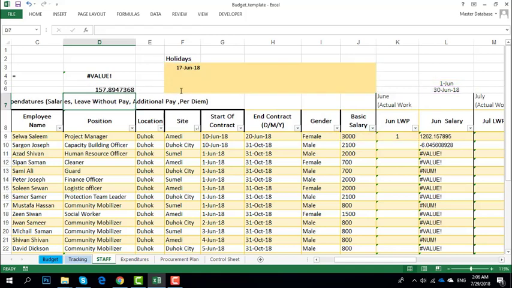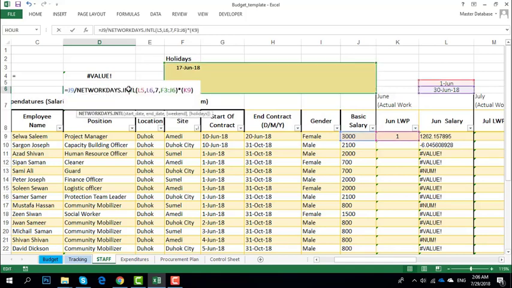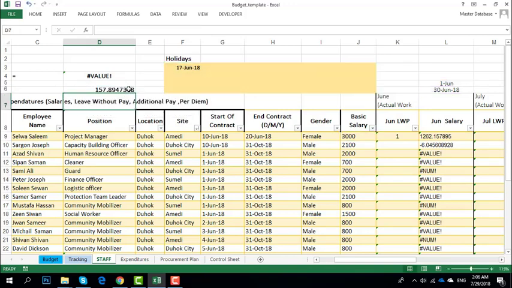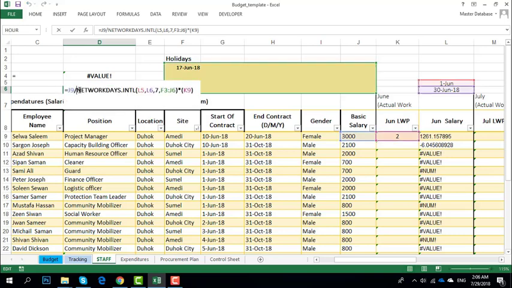Nice. Let's say that the leave without pay is 2 days. Now we have 300. Great. Now we will make this formula minus this. We will close it. We close this one.